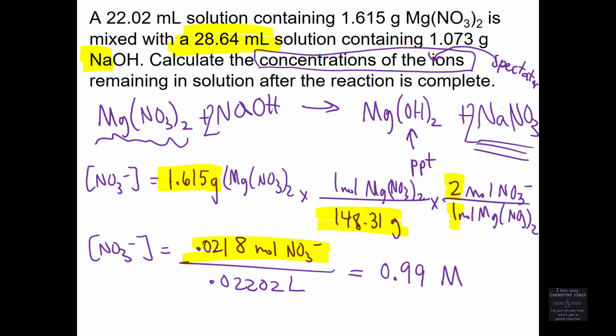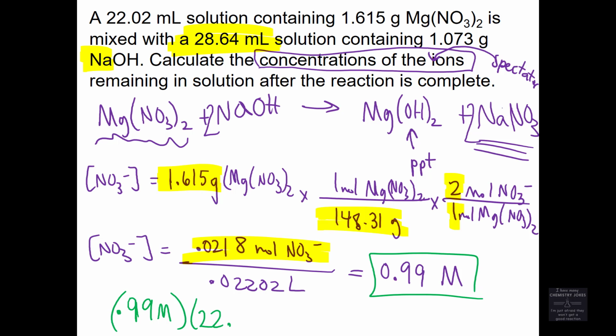So this is the concentration of nitrate in the original solution that just had magnesium nitrate. But the question is, when you combine those two things together, what happens to the volume, what happens to the concentration of nitrate? Nitrate goes from 0.99 molar distributed over a volume of 22.02 milliliters.